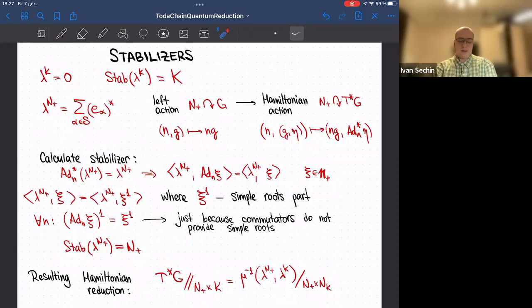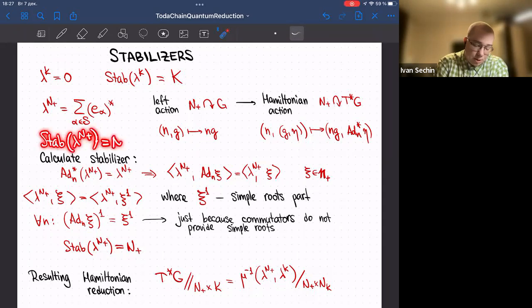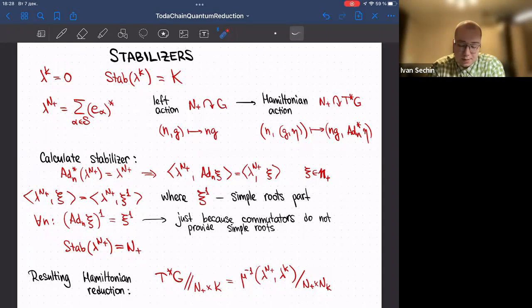Okay, and for K, we have just 0 momentum and the whole group stabilizes. But for N plus, it is not so obvious that the stabilizer of lambda N plus is also N plus. And how can we see it?